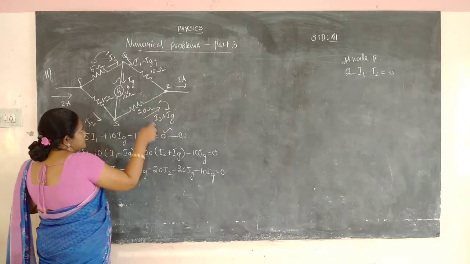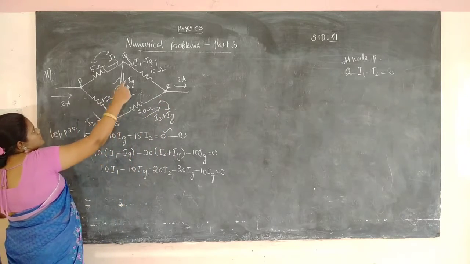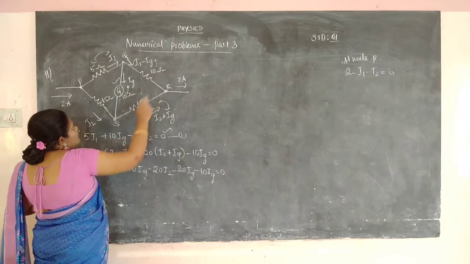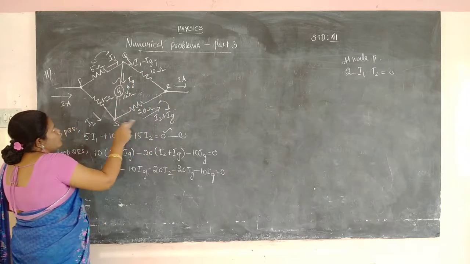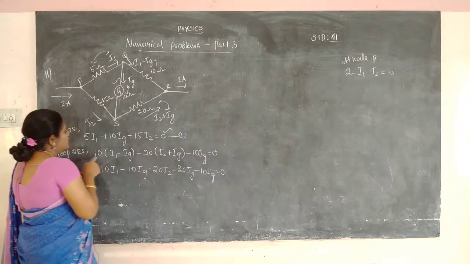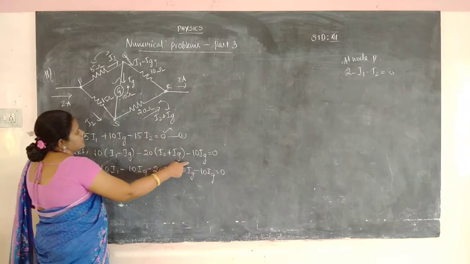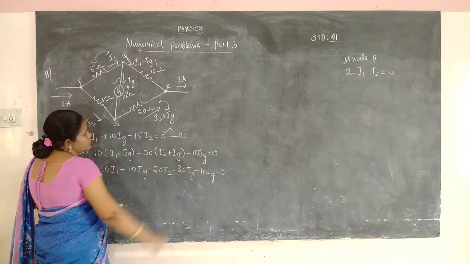Then this current is also opposite, so minus 10 into IG. So 10 into I1 minus IG, minus 20 into I2 plus IG, minus 10 IG is equal to 0.